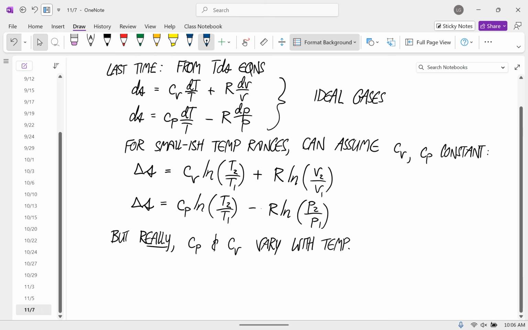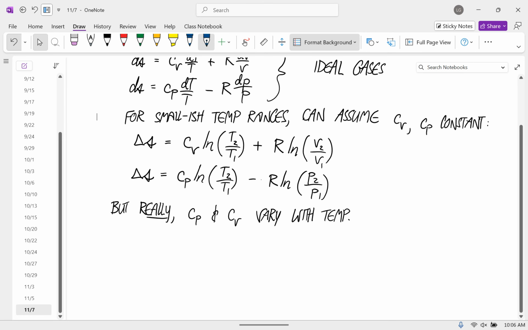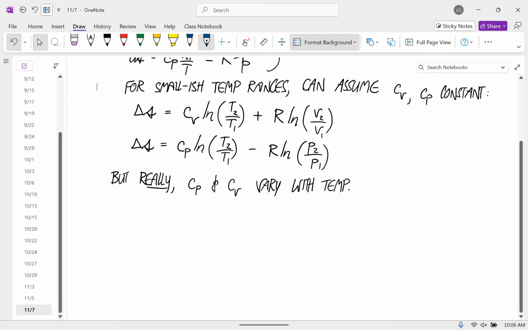And so if Cv and Cp vary with temperature, look at these first terms of these ds expressions. You can still integrate those with respect to temperature. It's just uglier. And you just need to know a polynomial representation for Cv or Cp. I could give you the coefficients of the polynomial, but instead you can look up in ideal gas tables an expression like this.